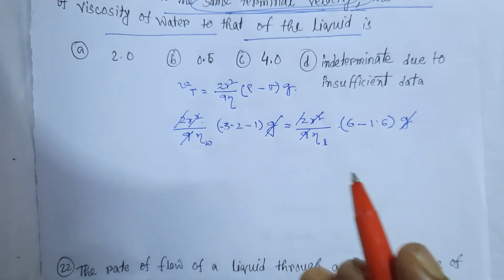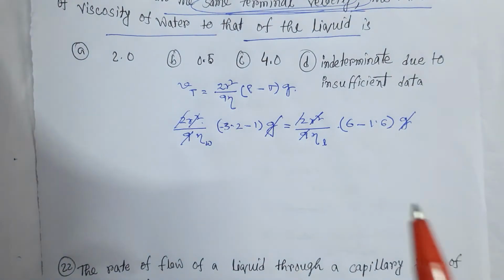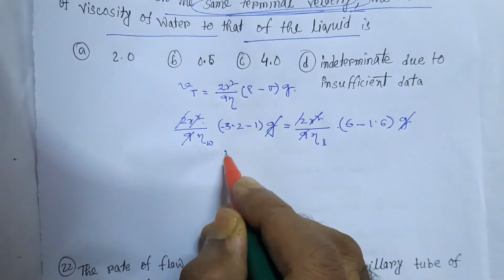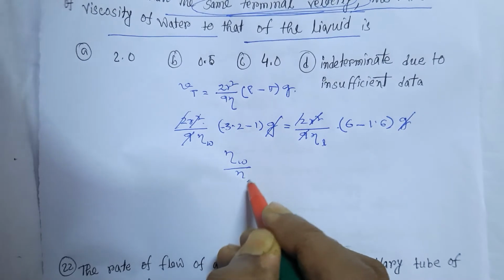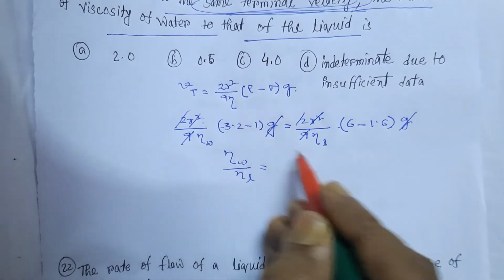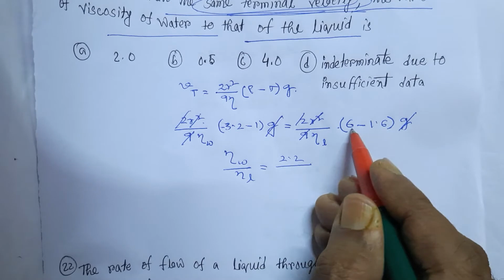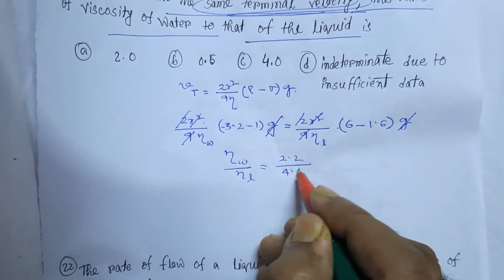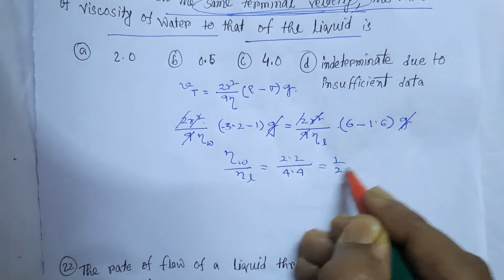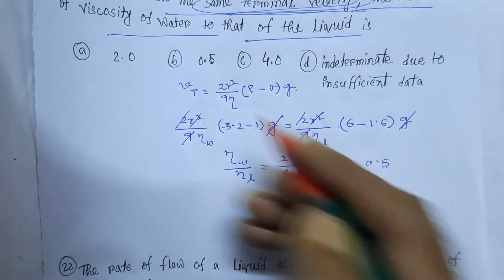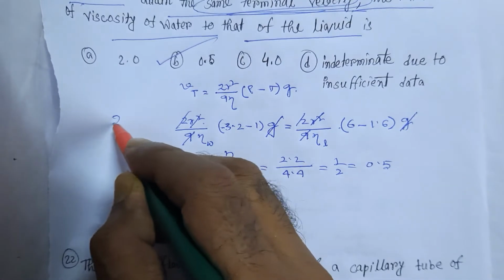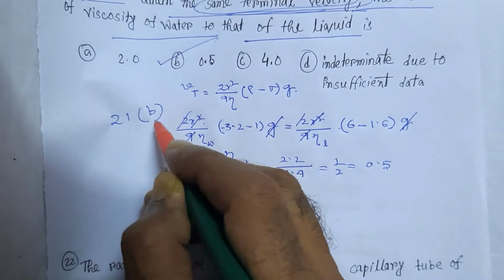So what do we have to calculate? We have to calculate eta w by eta L equals 3.2 minus 1, 2.2, by 6 minus 1.6, that is 4.4, that is your half, that is 0.5. So the correct option is B. So the correct option to question number 21 is B.